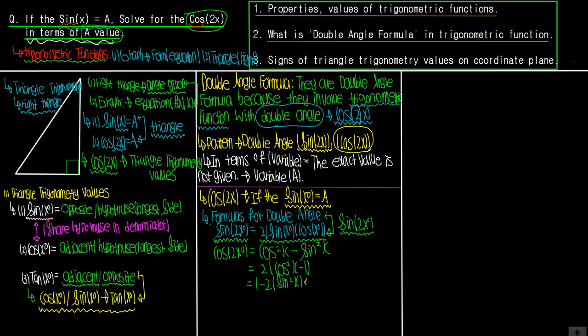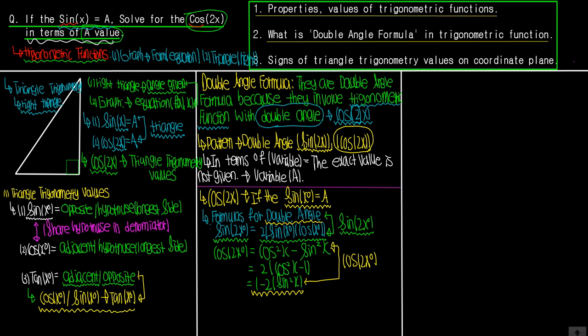You can see these as the steps of our double angle formula for cosine of 2x, but our ultimate formula for this is 1 minus 2 times sine squared x. This is what the formulas for the double angle in trigonometric functions look like.